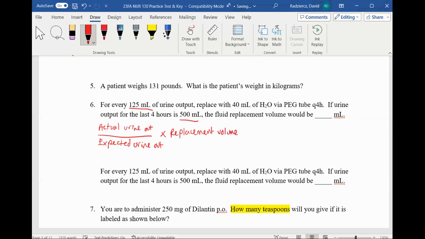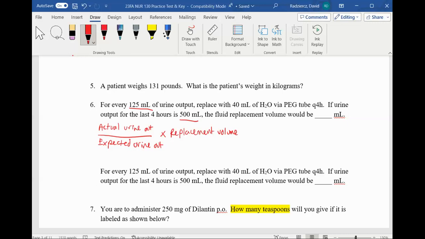Some people do a ratio and proportion. That's actually where this kind of formula came from. It was just rearranging some of the variables and trying to be consistent. But you always want to put your actual output on the top and your expected output on the bottom. And also think about it: if for every 125 milliliters that they void, I need to replace with 40, and they actually voided 500, you know it's going to be a number that's probably 4 or 5 times the replacement volume of 40 milliliters.